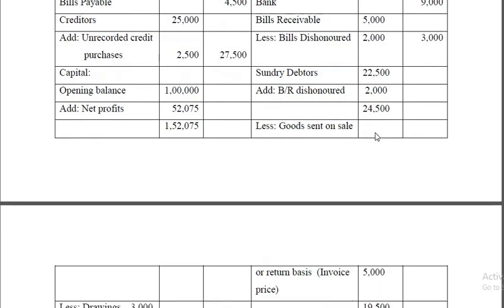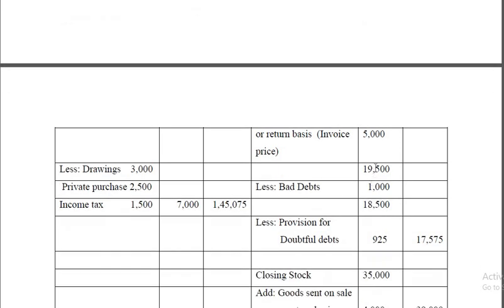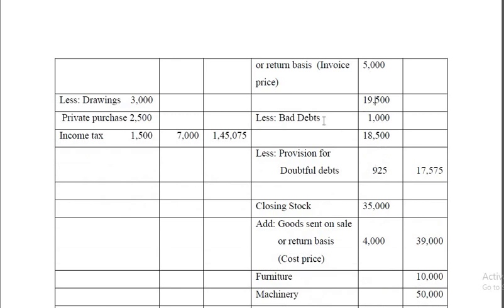The goods sent on sale or return basis at invoice price of 5,000 should be deducted. So 19,500 is heading. Then bad debts given in the adjustment should be deducted, 1,000, so 18,500. On that you have to create provision for bad and doubtful debts at the rate of 5%, that comes to 925.